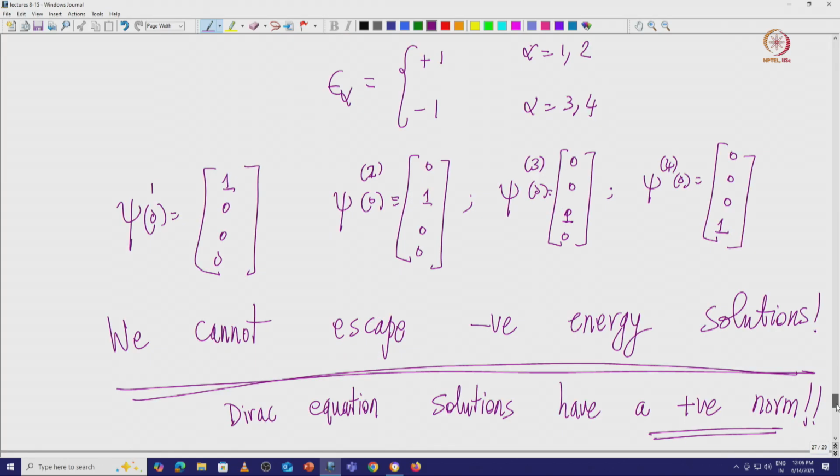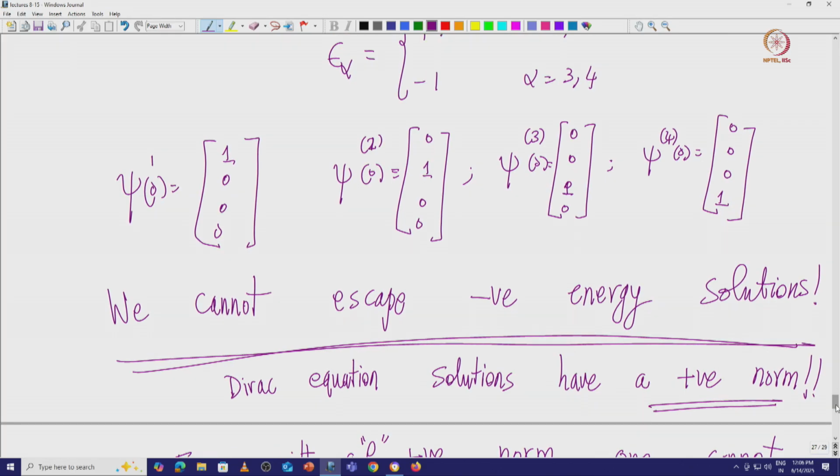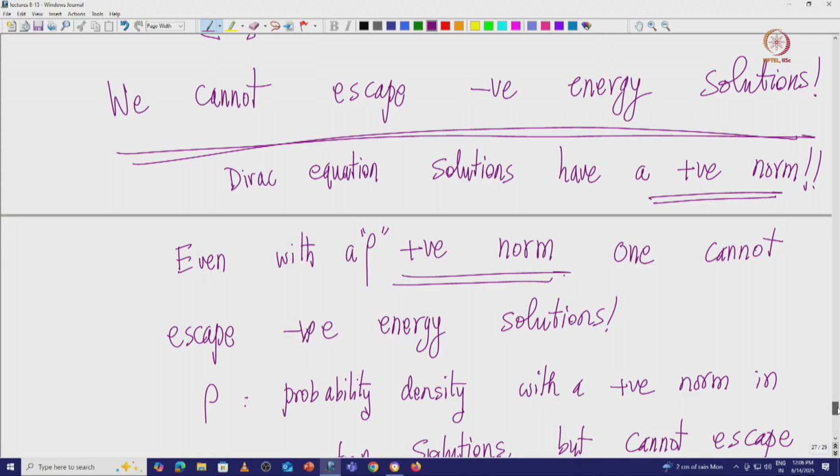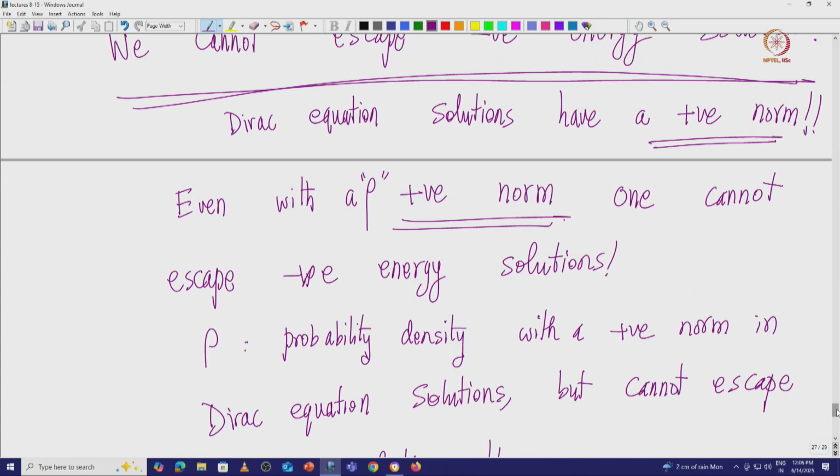And so in the last class what we said is that we cannot escape negative energy solutions. I also mentioned that compared to the Klein-Gordon equation, Dirac equation solutions have a positive norm, meaning that if you want to interpret a probability density, or derive a continuity equation from the Dirac equation in the same form as we have seen, in terms of psi dagger psi, or psi star psi, this has a positive norm.